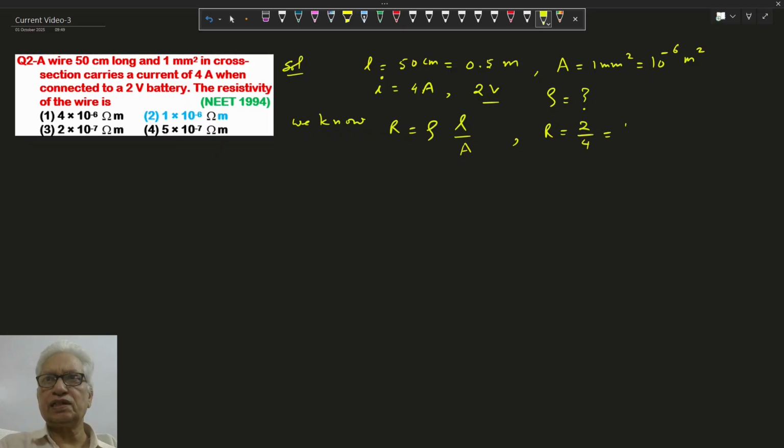Voltage divided by current will be here. Resistivity will be R A upon L. Here length is 0.5, and the answer is 1 into 10 power minus 6. Here the option is correct.